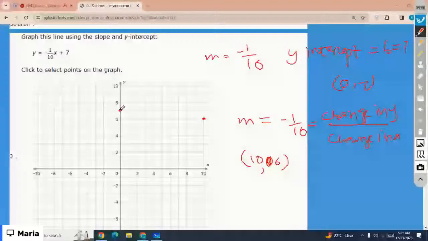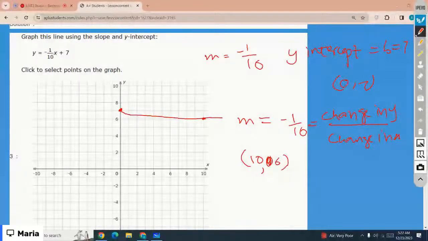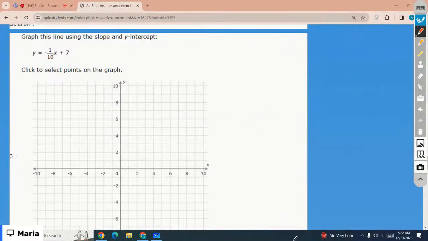It doesn't look exactly like this, but I can't make straight lines like this. You can see the solution because that one is already solved.